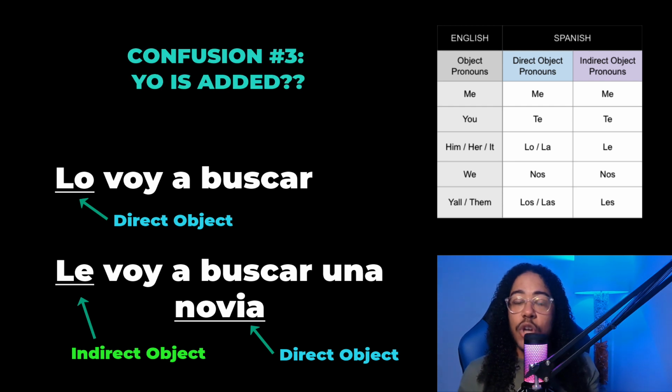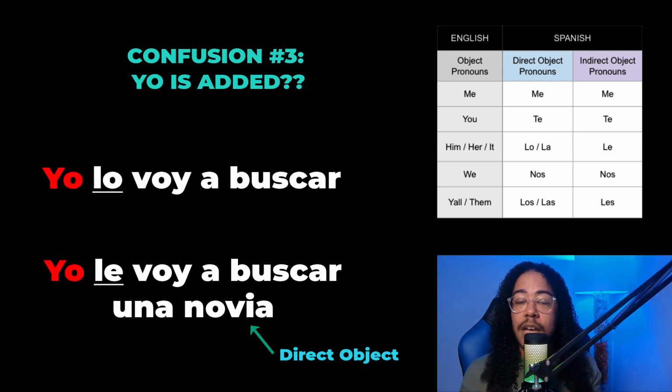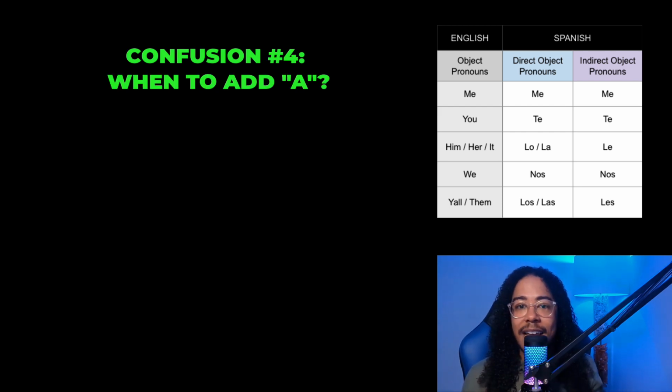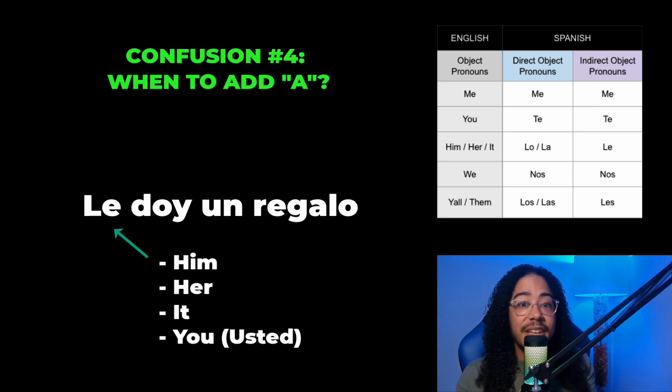These examples don't include yo, tú, él, ella, etc., but they could. Don't let this trip you up. These examples mean the exact same thing. If I say le doy un regalo, you don't know who I'm talking about because it's not clear. This could mean I give him, her, or even you as usted a gift because all of these people use the le pronoun.